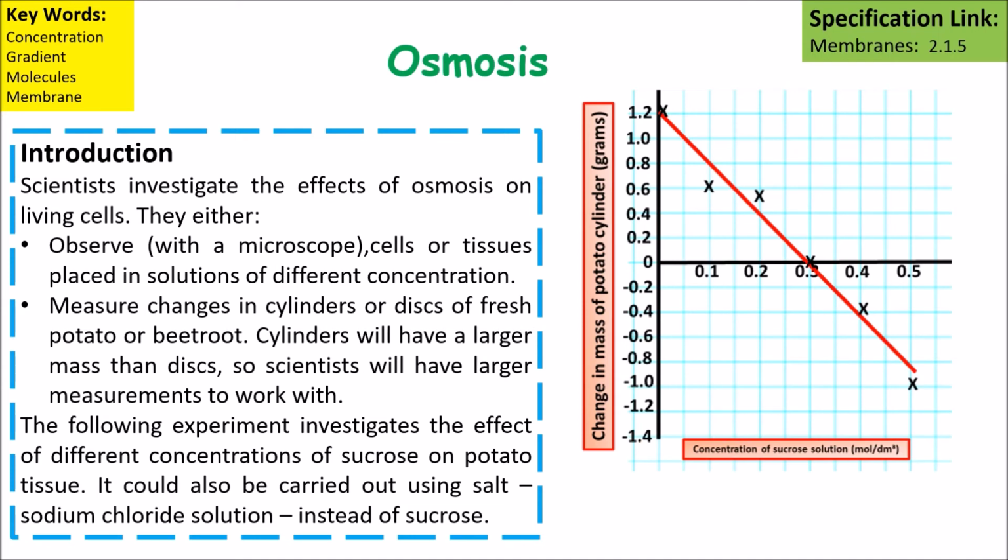We can see there that as the sucrose solution increases, more water would move out of the potato cells, causing their mass to decrease. But in a relatively dilute solution of sucrose, so either 0 or 0.1, there'll be a higher water potential in that solution, so water will move into the potato cells, and that would cause an increase in their length.